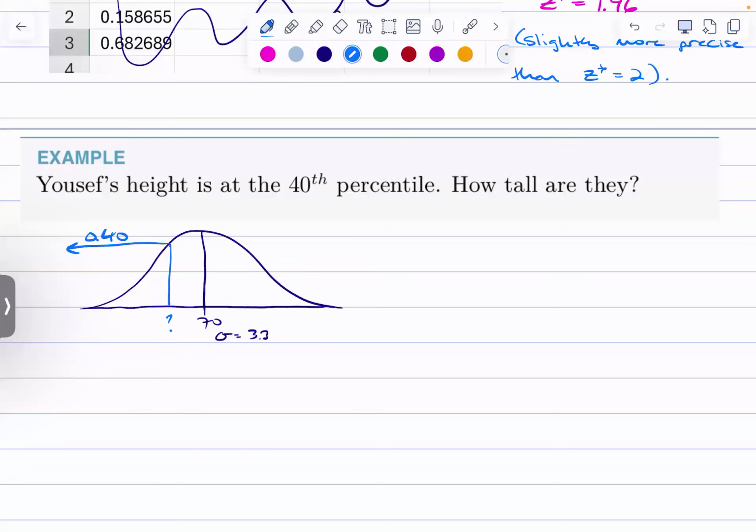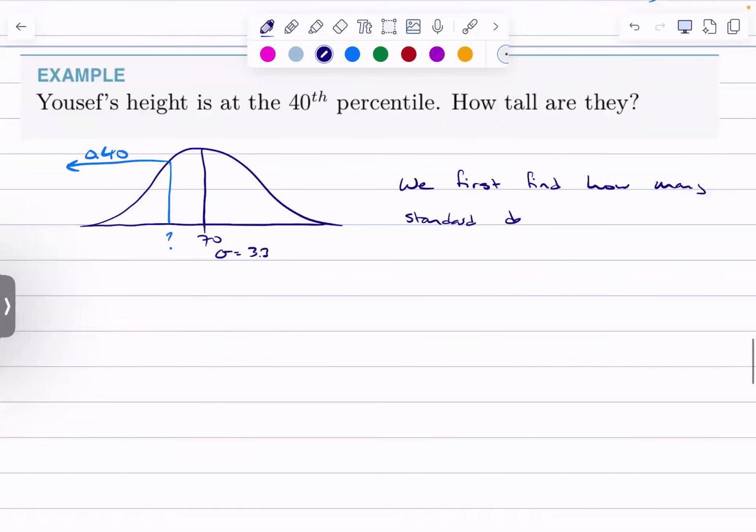And so we first find how many standard deviations Yusuf is below the mean. That's really a long way of saying we need a Z. Right.